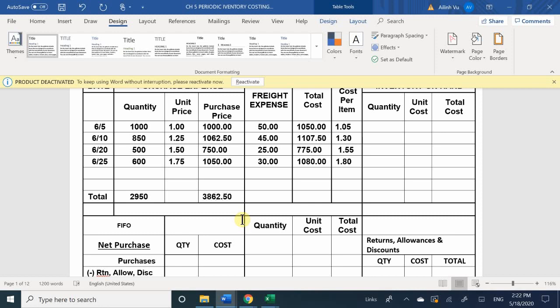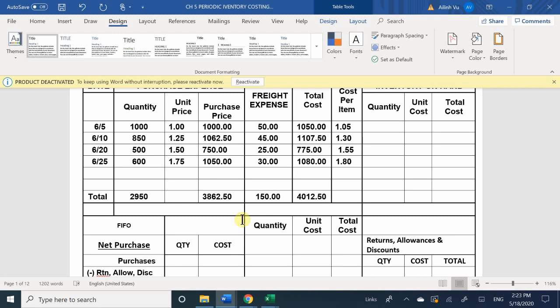What is the total purchase price? $3,862.50. And then what is your total freight? 150. All right. And what is your total cost? $4,012.50.